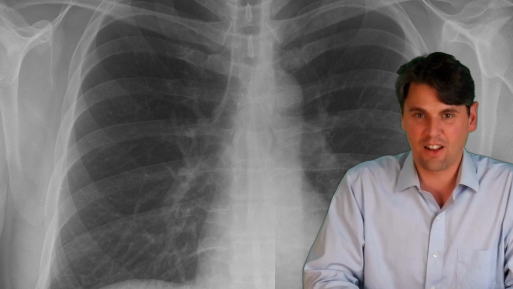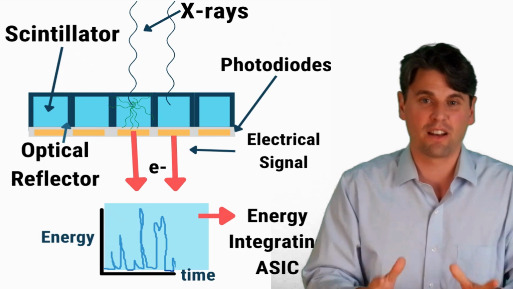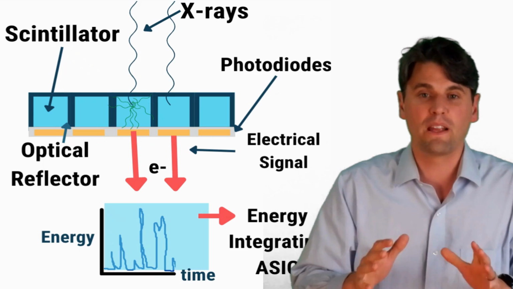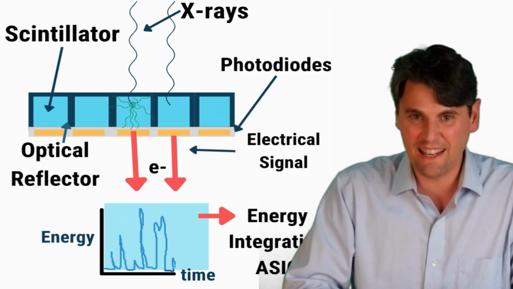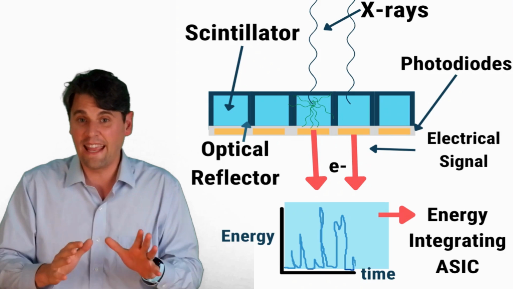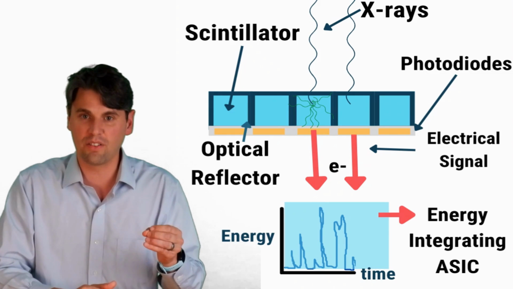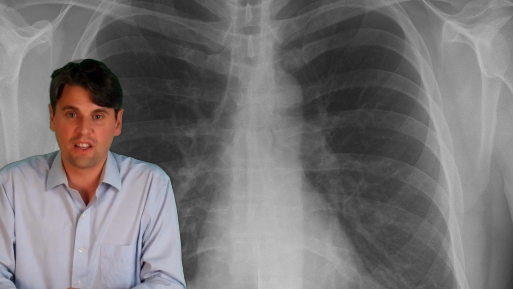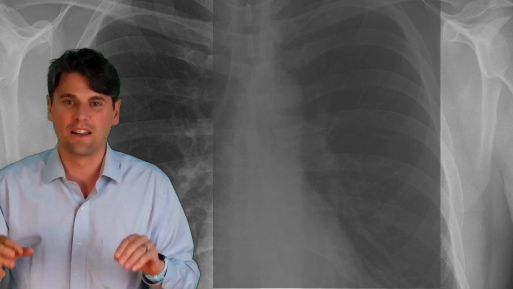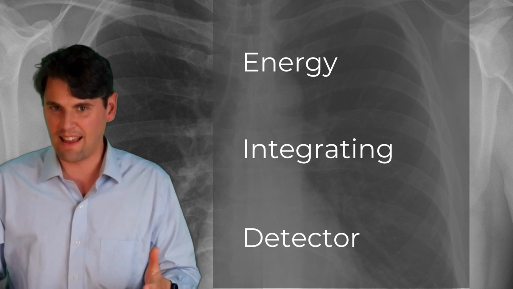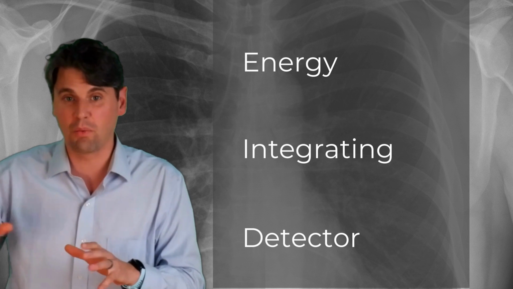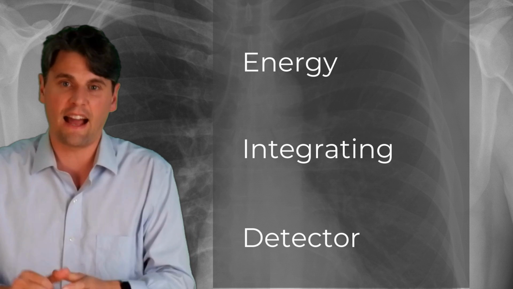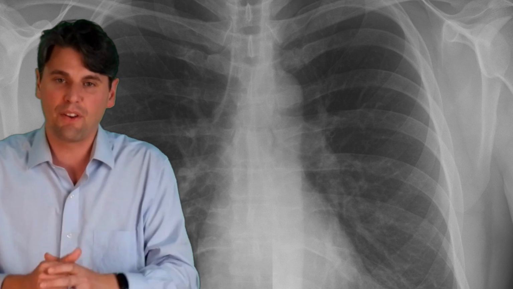ASIC is called an application specific integrated circuit. That's the thing that's actually doing that conversion. So we'd say we have an energy integrating ASIC. The ASIC is going to convert from our electrical signal into our digital signal. So a very frequent terminology that you're going to hear now is EID, or energy integrating detector. That's in comparison with a photon counting detector, where you're going to have some ability to actually distinguish individual counts of the X-rays.